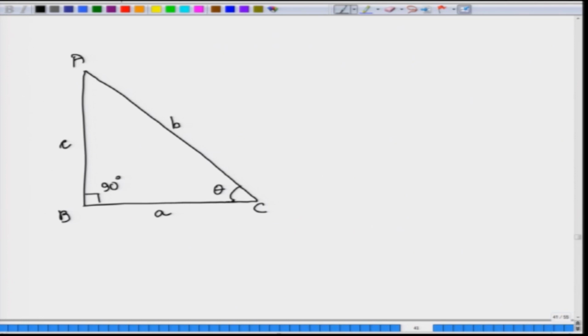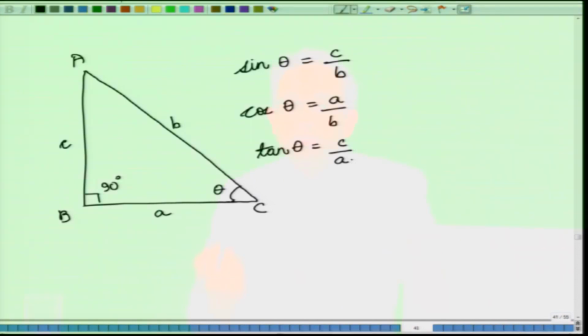Now, for this right angle triangle, we define sin theta is equal to c by b, cos theta is equal to a by b, and tan theta is equal to c by a. Now, this is the relation that we can make use of in measuring the height of the trees.